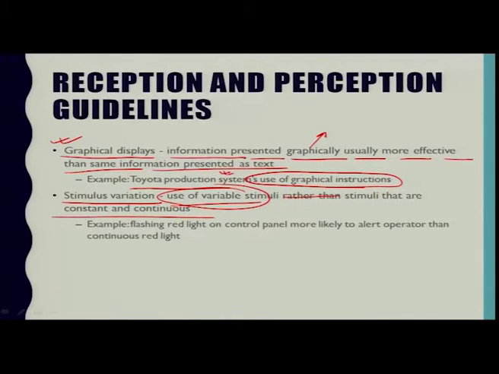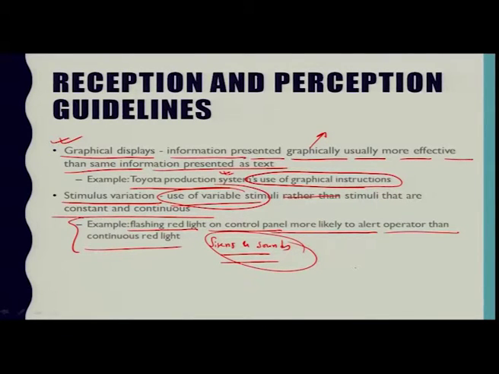For example, flashing a red light on a control panel is more likely to grab an operator's attention than a continuous red light while the operator is looking away. Similarly, sirens that sound intermittently or vary in tone are more effective warnings than a tired and monotonous siren.